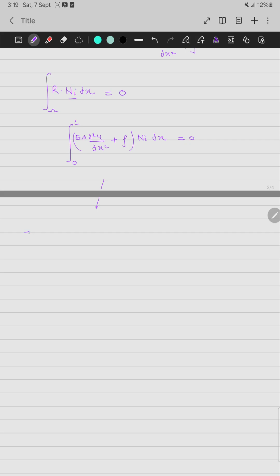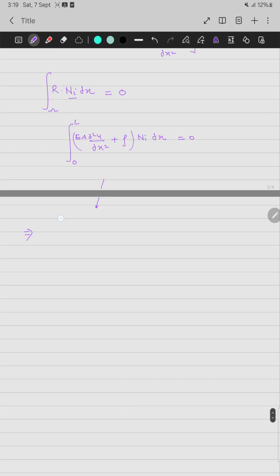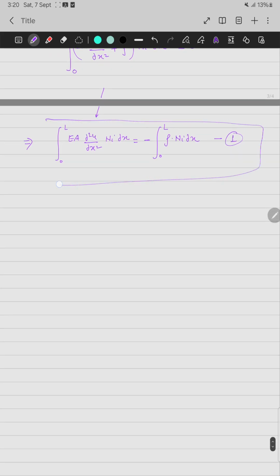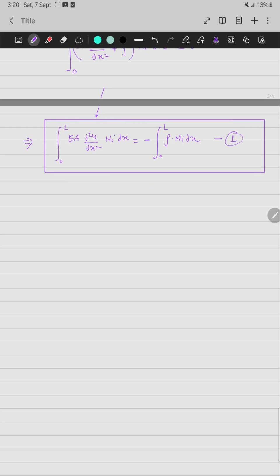Rewriting, it will be the integral from 0 to L of EA del 2u by dx2 times Ni dx, plus the integral from 0 to L of rho Ni dx. We can put equals here with a minus sign. Let's suppose this is equation 1, and put it in a square box.